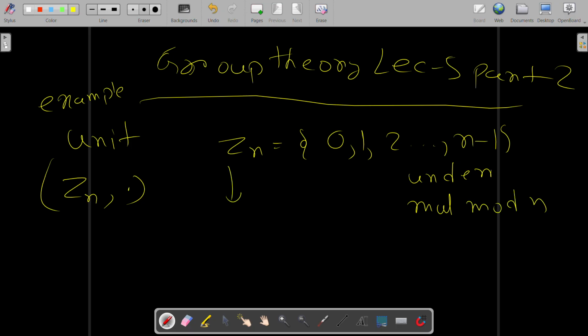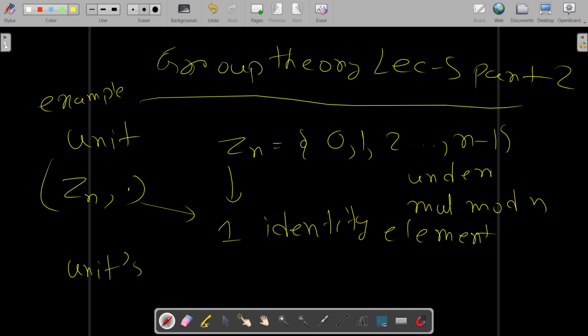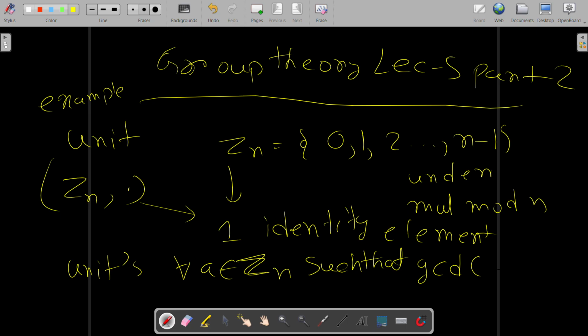In this monoid, 1 is the identity element, and all units of this monoid will be all a belonging to Zn such that GCD of a, the element in Zn, and n is equal to 1.